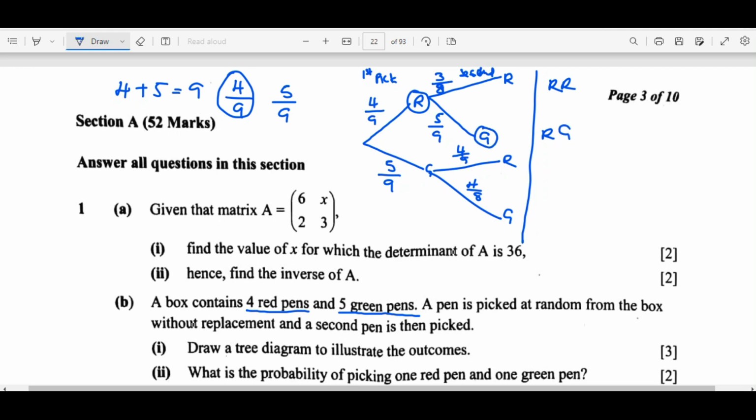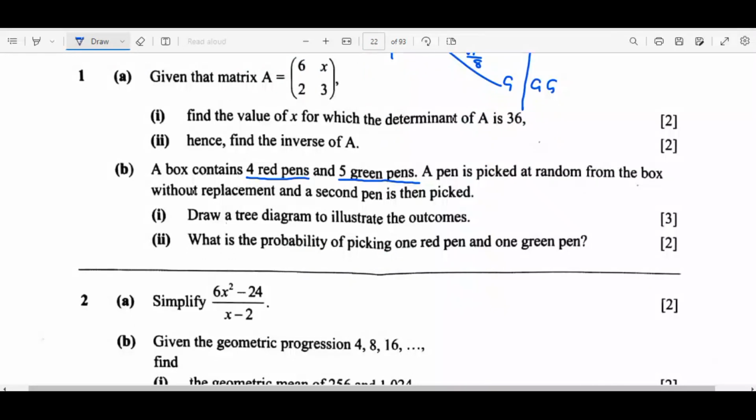And then here we have green, and then we have red here, which is red. And the last one is GG, which is green. So this is the tree diagram that has been drawn to satisfy the statement given.